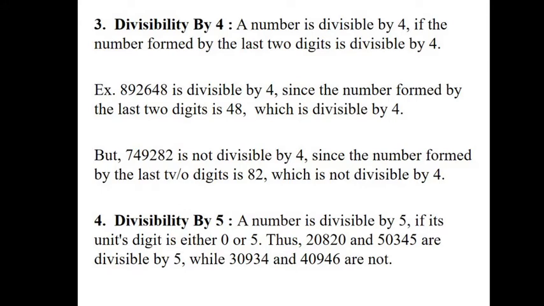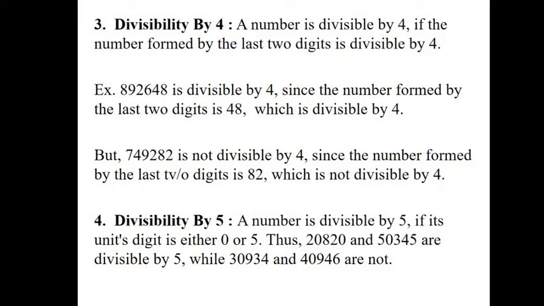Okay, next. How can we test divisibility of 5? For a number to be divisible by 5, the unit digit should be 0 or 5. If 0 or 5 is present in the last digit, we decide the number is divisible by 5. Here the example is 20820.